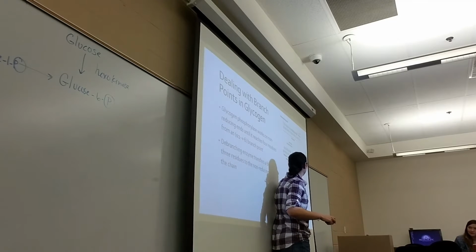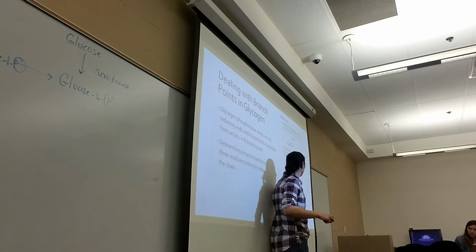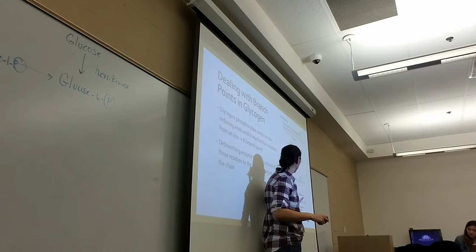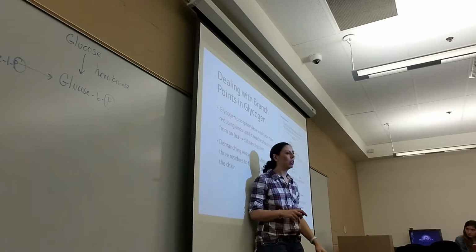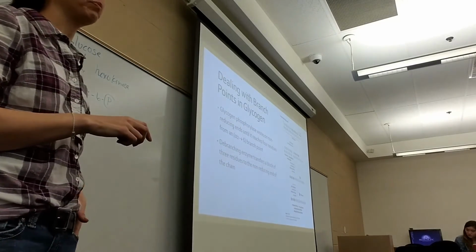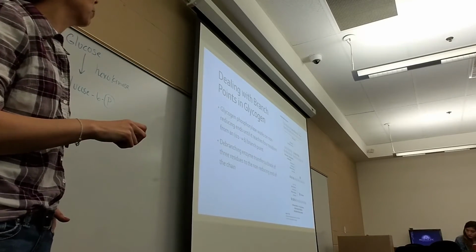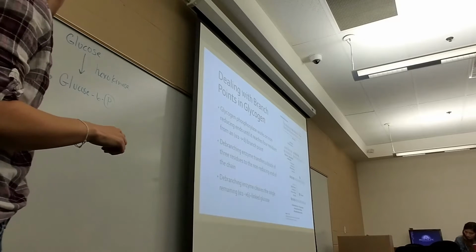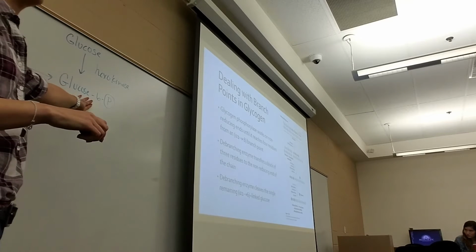The debranching enzyme removes the last glucose, which then can be utilized, and then further removal of the glucose molecules from the end of glycogen can happen. Okay. So this is the process of breaking it down and then allowing it to enter into glycolysis.